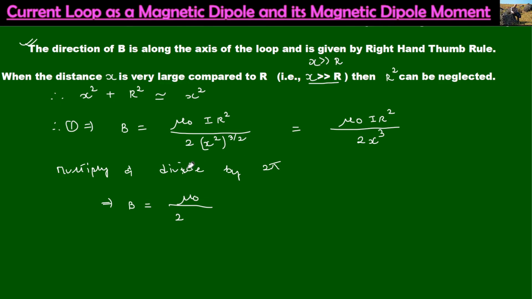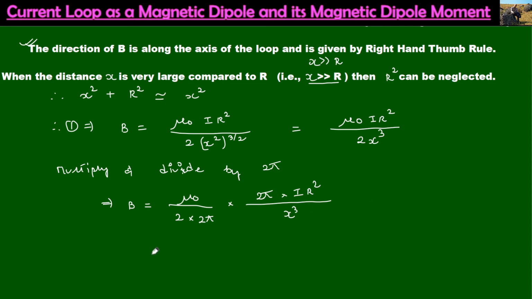We divide by twice pi, and then over here we multiply by twice pi. Over here we have the terms I r square, and here we have the x cube term.